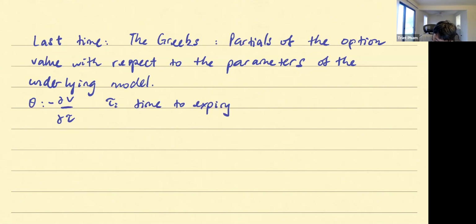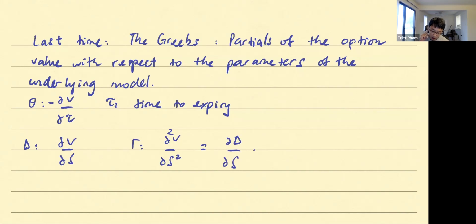And then we have the delta, which is the partial with respect to the underlying stock price, and the gamma, which is the second derivative of the option value with respect to the underlying, or the sensitivity of the delta with respect to the stock price.